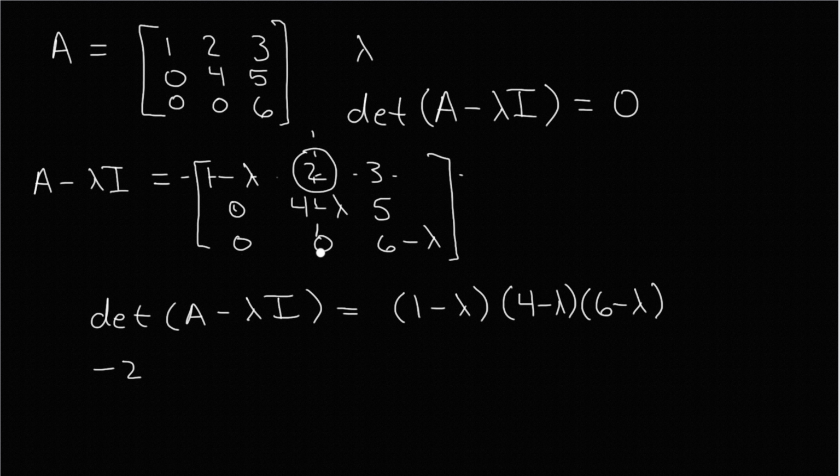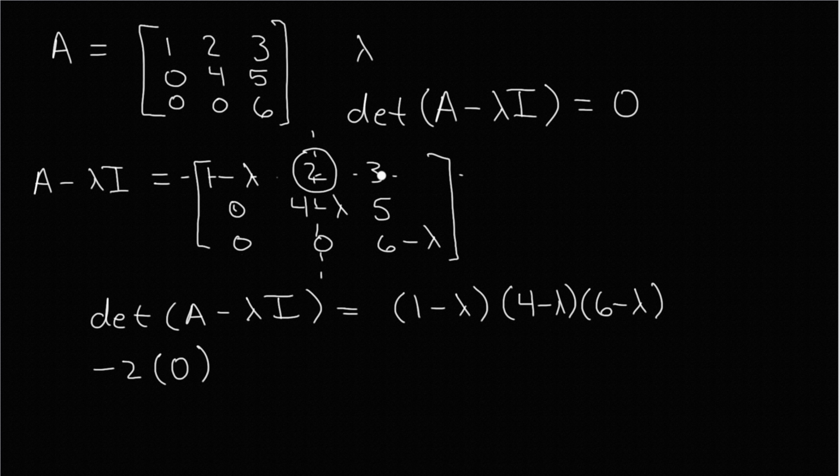So like this. So the first row and the second column get the dotted lines now. So now I'm just left with the 2 by 2 matrix consisting of 0, 5, 0, and 6 minus lambda. And if I take the determinant of that matrix, I'm going to end up with 0 minus 0. So that would just be 0.